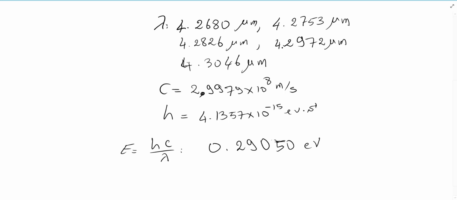For the second one, all I have to do now is copy this formula and change the wavelength. The next wavelength is 4.2753, same units. The second one is slightly less energetic, 0.29000 electron volts.